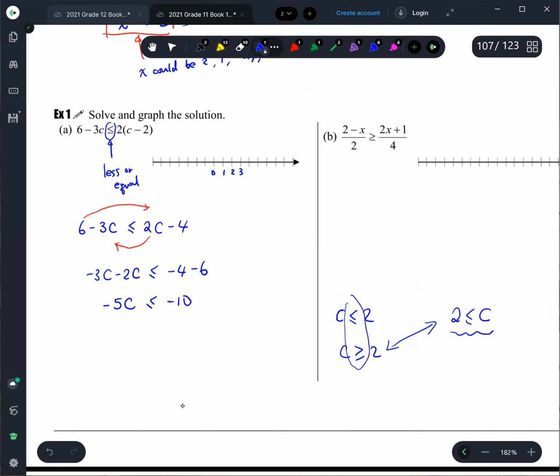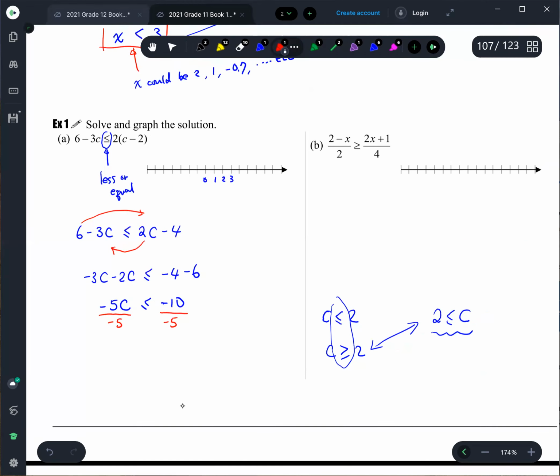Negative 10. Now to isolate the c, what do we need to do on both sides now? Sorry, could you repeat that? Oh, sorry. You have to divide it. Yeah, divide both sides by -5. If you're dividing by a negative, you look at the number you divided by.